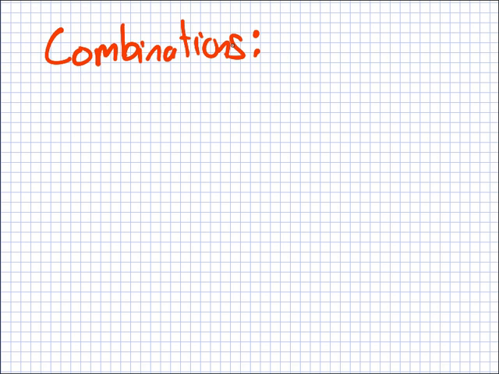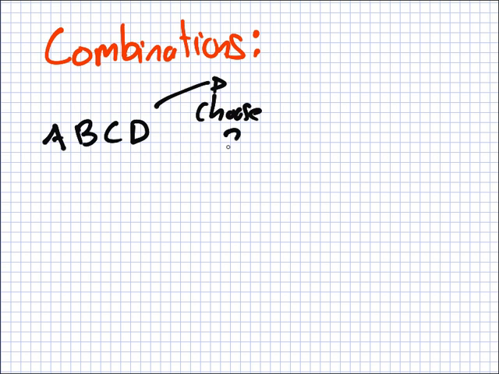Combinations now. Remember we were discussing yesterday the difference between permutation and combination. Do you remember what the difference was? The order, yeah. So in combinations, we care or don't care about the order? Don't care about the order, okay? Here's a very simple example to get us started. Suppose I have a collection of 4 items and I need to choose 2 of them.